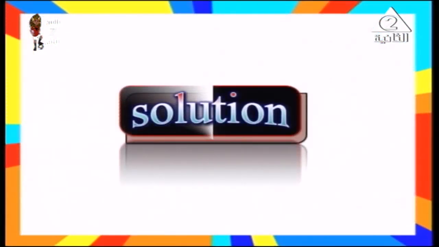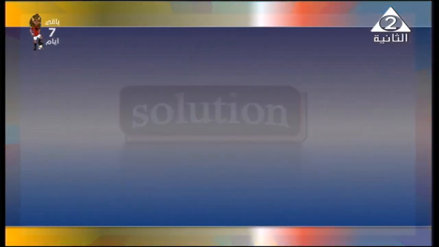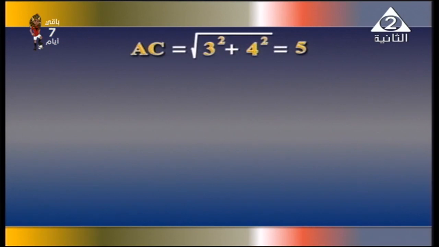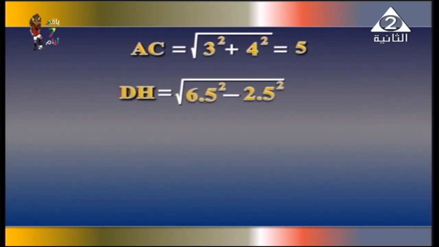My dear student, look at the solution. At the first, we find AC by using Pythagoras theorem, which equals 5. Also, DH equals the square root of 6.5 squared minus 2.5 squared, which equals 6 centimeter.